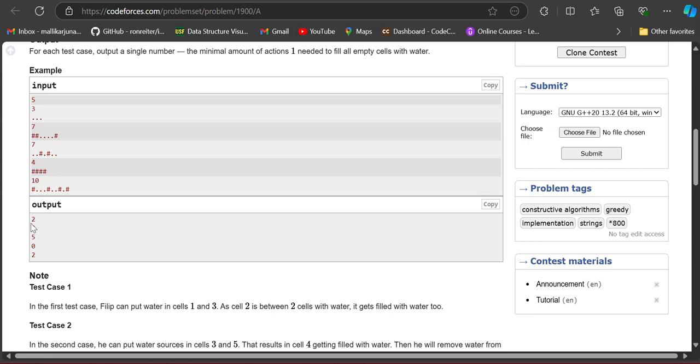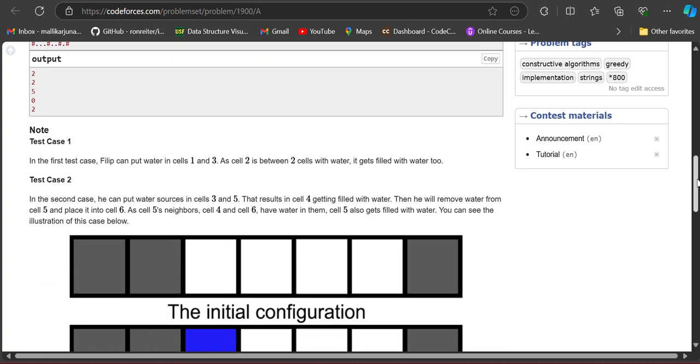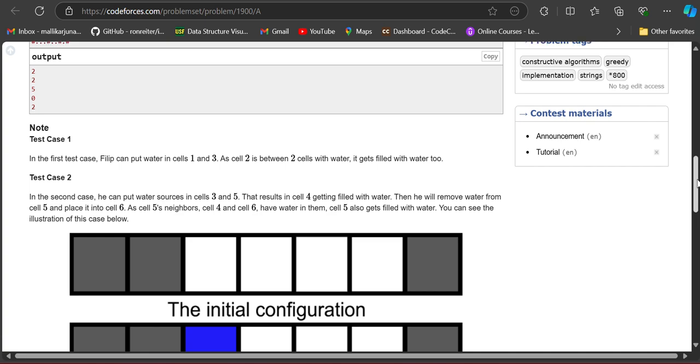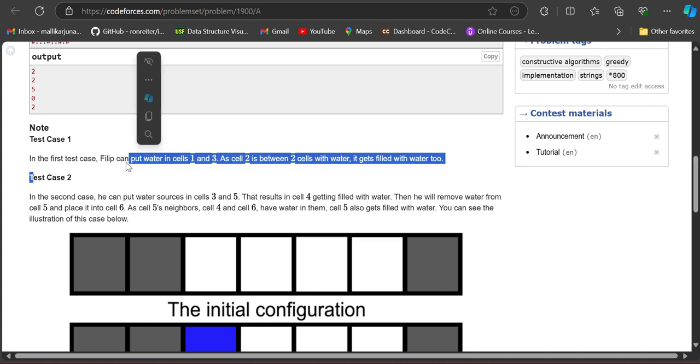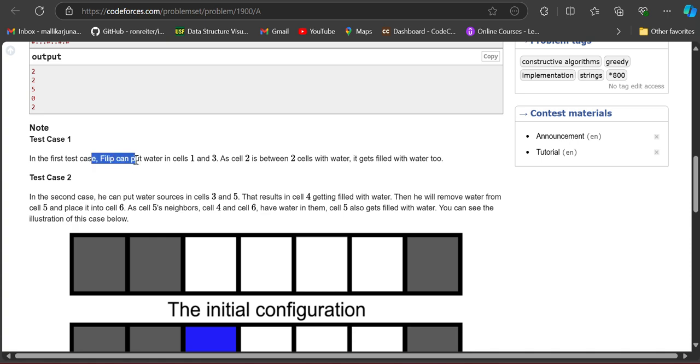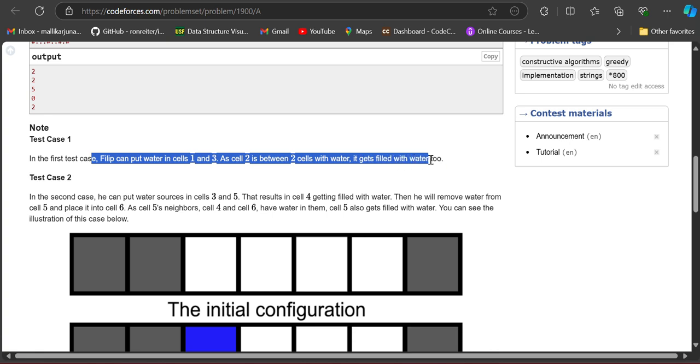For the first test case, the answer is 2. How is the answer 2? We have 3 empty cells, but the answer is 2. Let's try to understand. In the first test case, Philip can put water in cells 1 and 3. As cell 2 is between two cells with water, it gets filled with water.